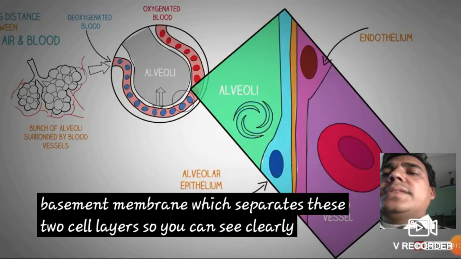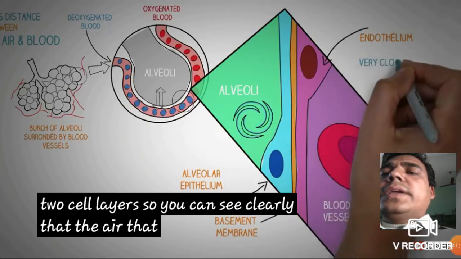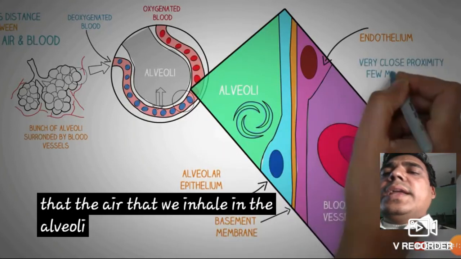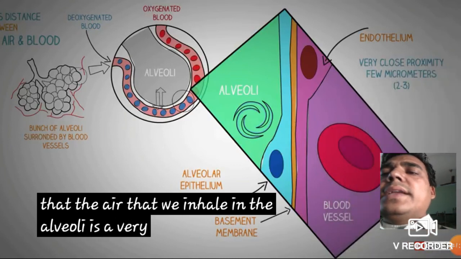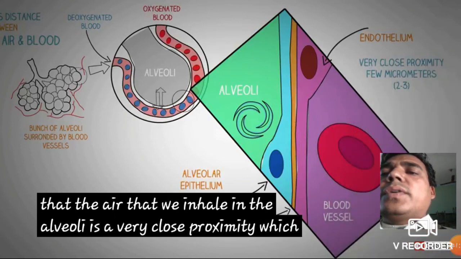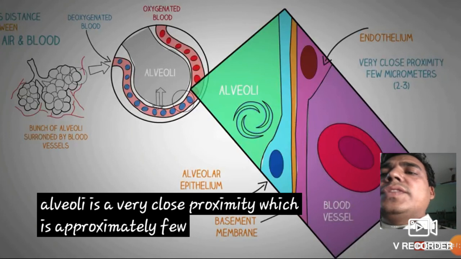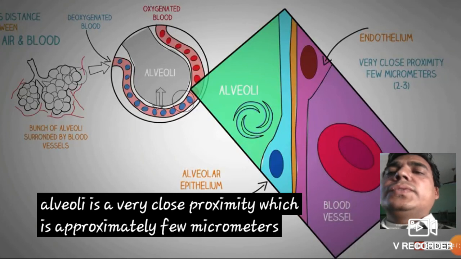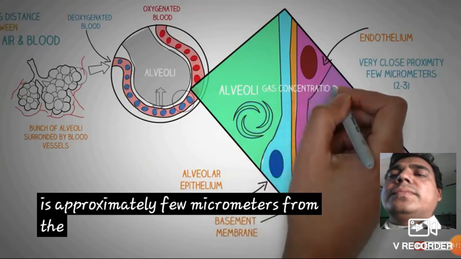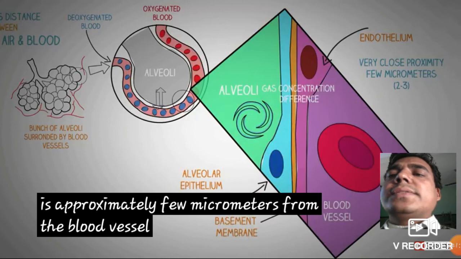So you can see clearly that the air that we inhale in the alveoli is in very close proximity, approximately a few micrometers, from the blood vessels.